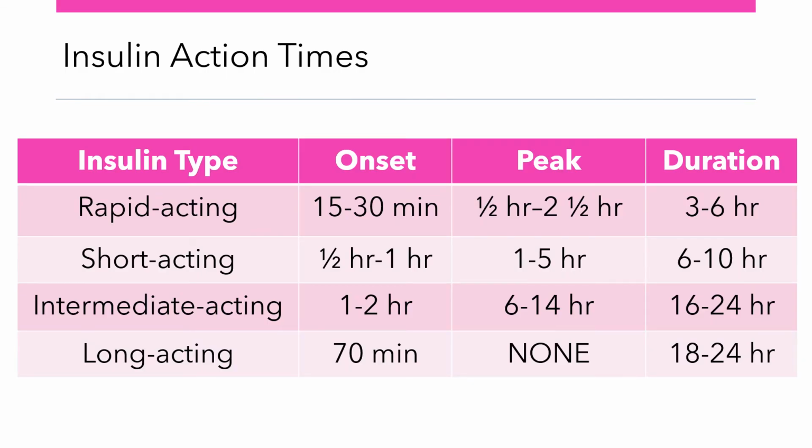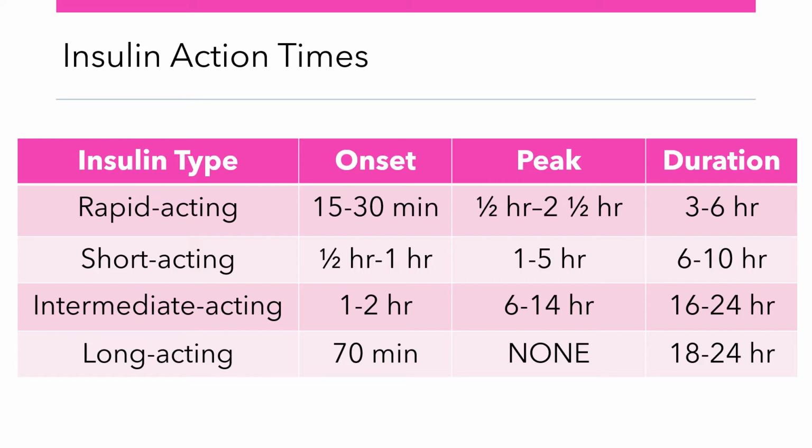So action times. Rapid-acting insulins are going to have a shorter onset, going to peak earlier, and will also die out faster. So just like the name entails, rapid acting. In about 15 to 30 minutes, it should start acting and working on that blood sugar to bring it down.